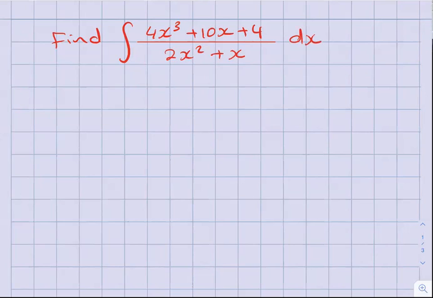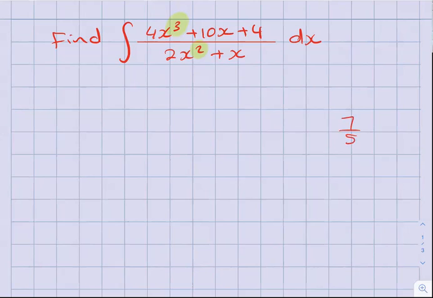Okay, so this kind of question, as you can see, the numerator, which is the top here, is heavy. We could call it the top heavy fraction, because the power of x at the top is x cubed and at the bottom is x squared. It's the same as when we say a fraction like 7 over 5.